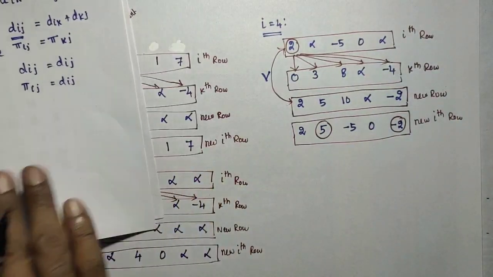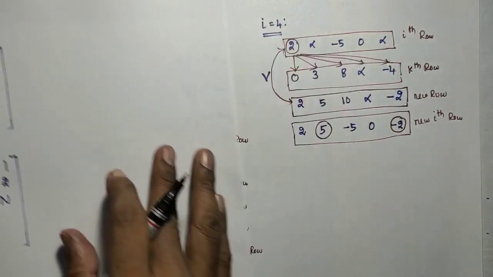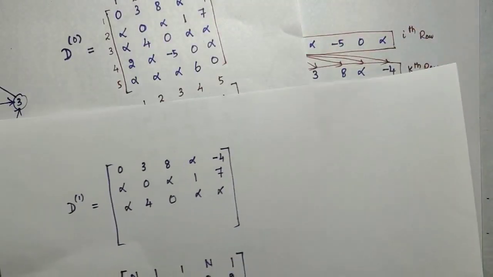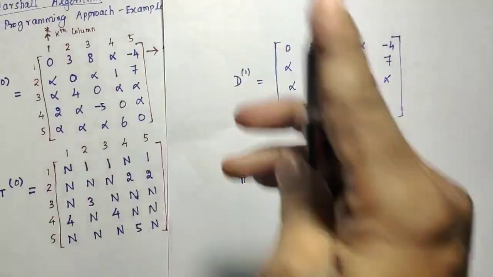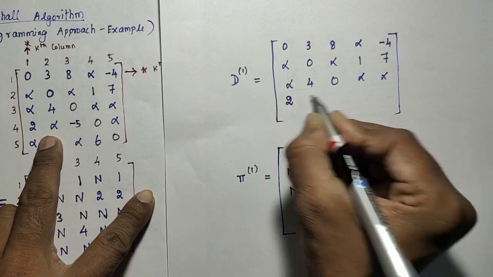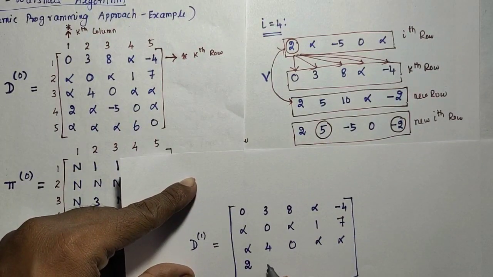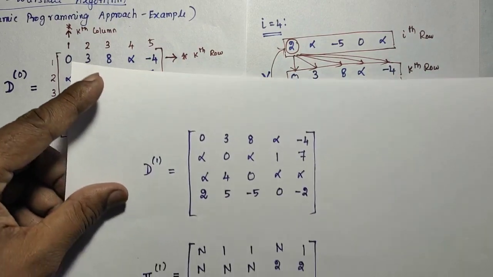Now I need to make these corresponding changes. So the new ith row will be 2, 5, minus 5, then 0 and minus 2, correct.